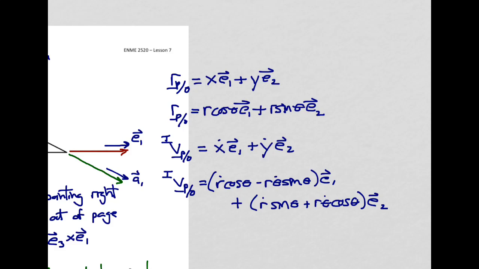And so in both cases we're simply finding the scalar time derivative of each of these scalars that we start out with, and we're keeping the same basis, E1 and E2.